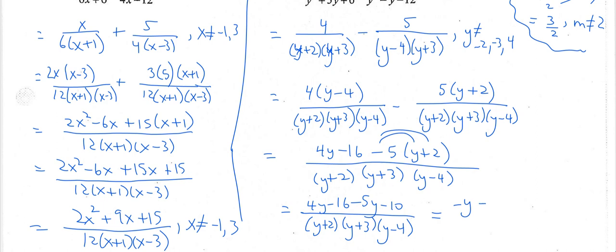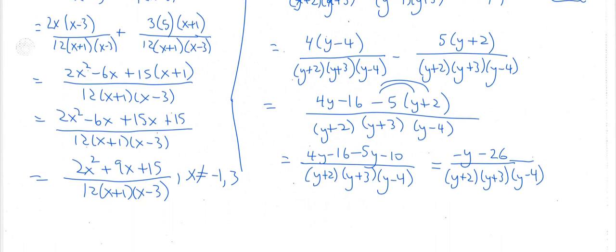So this is negative y minus 26 over y plus 2, y plus 3, y minus 4, and this cannot be simplified anymore. So it's done, and I'll just state the restrictions, and this time I'll state them in the correct order. So -3, -2, and 4.